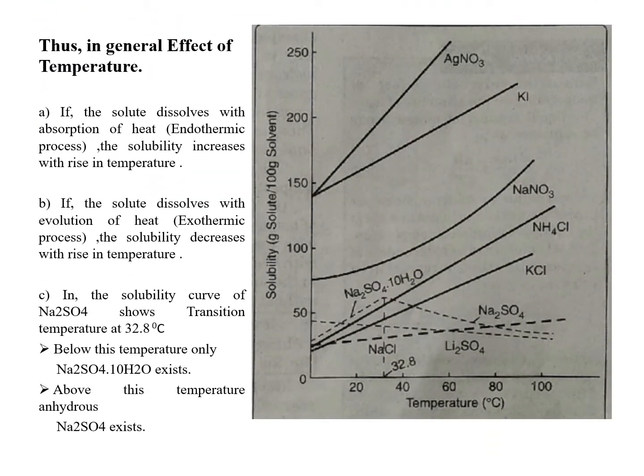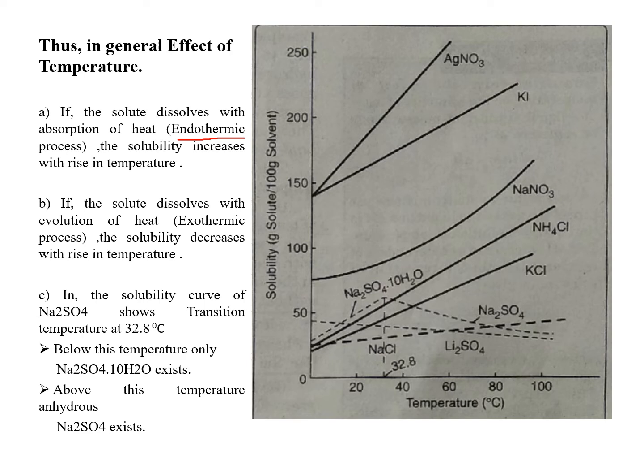This is the first point. For such solutes, on adding to solvents, their dissolution process is endothermic and the solubility increases on increasing the temperature. This is the solubility versus temperature curve.